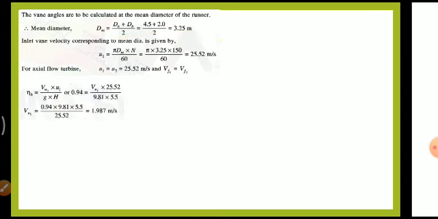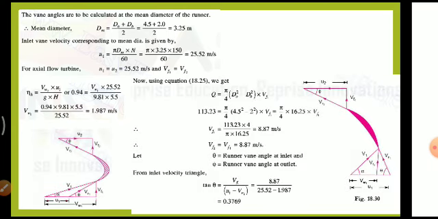Next we will calculate Vw1 by using the equation hydraulic efficiency is equal to Vw1 U1 by gH. We get the value of Vw1. One more thing we need is Vf1, which can be calculated by using the equation Q is equal to pi by 4 times D outer square minus D inner square into Vf1. So we get the value of Vf1.